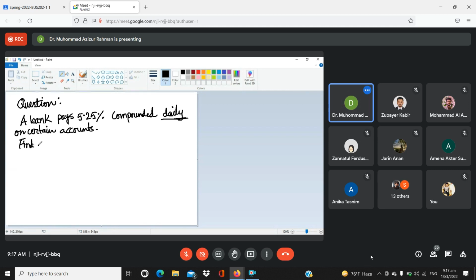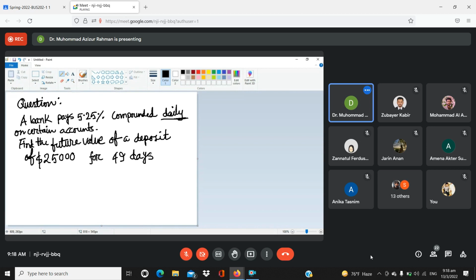Find the future value of a deposit of 25,000 for 49 days. So you need to find the future value of a certain amount, and this will be your homework.